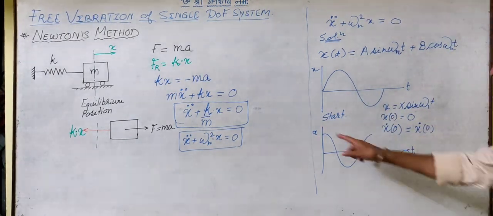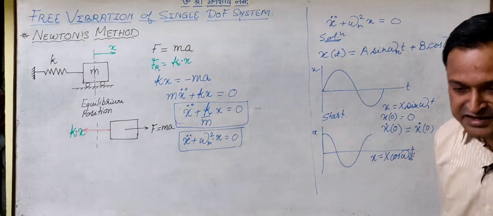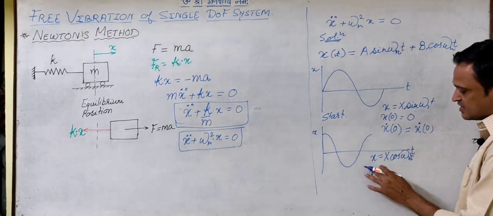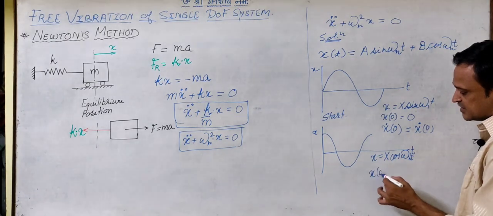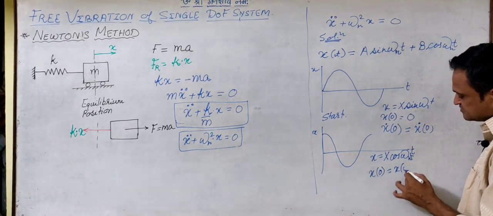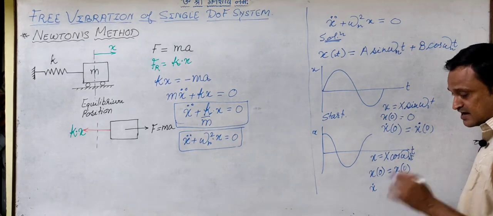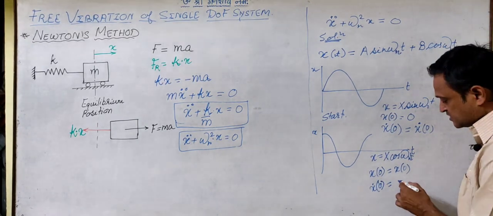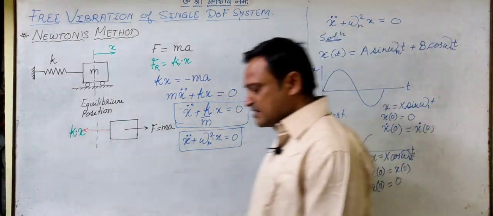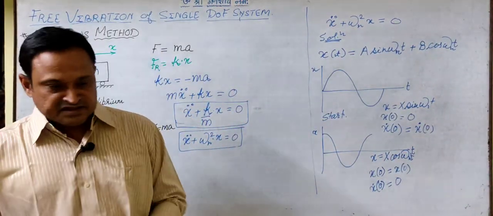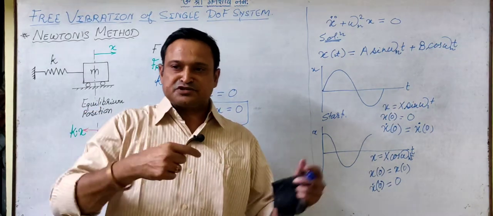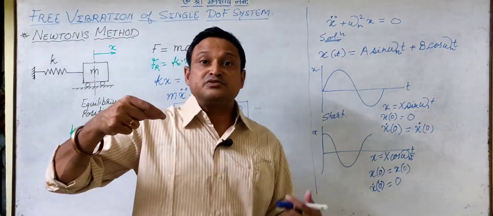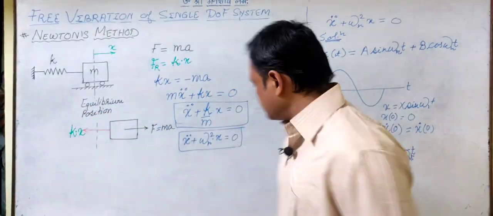So at time t equal to 0 it has some displacement, but the velocity is 0. So the system is starting with a displacement, but the velocity is 0, and that is how the system is getting actuated.